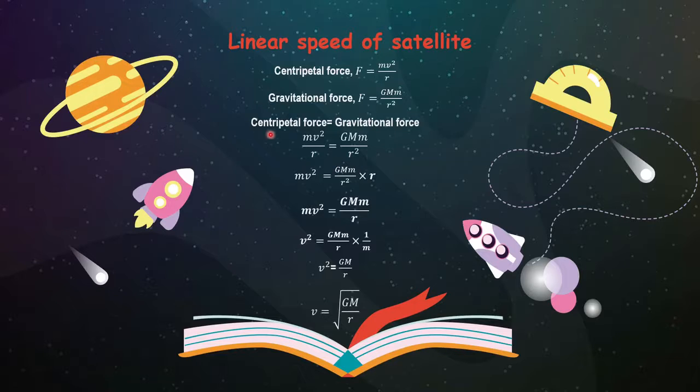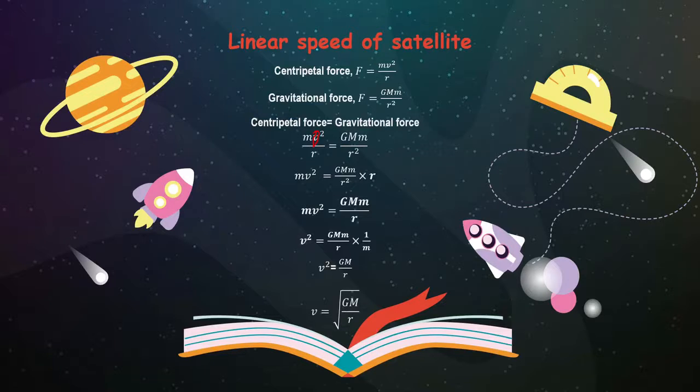This means centripetal force equals gravitational force. So I write their formulas: mv squared divided by r equal to GMm divided by r squared. We need to find the linear speed, so we need to find this v. So we solve this equation.